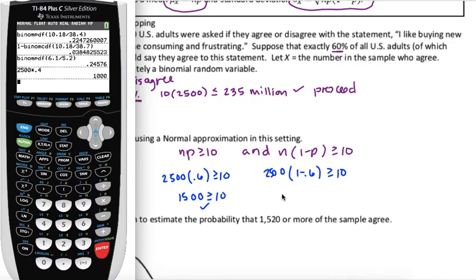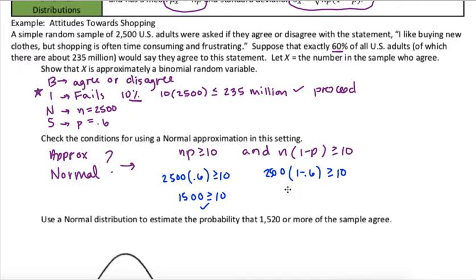There we go, 1,000. I was like, something's not adding up there. So we have 1,000 here, which now makes sense. We have our 1,500 and our 1,000, so we expect 1,500 successes, we expect 1,000 fails. And because these have both checked out, yes, this is approximately normal.